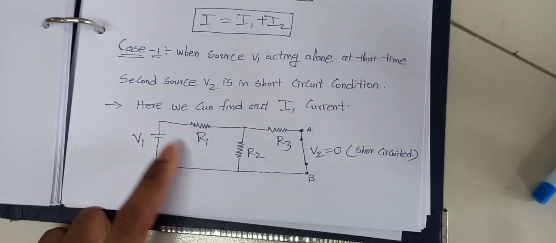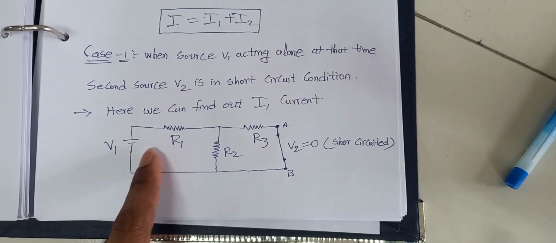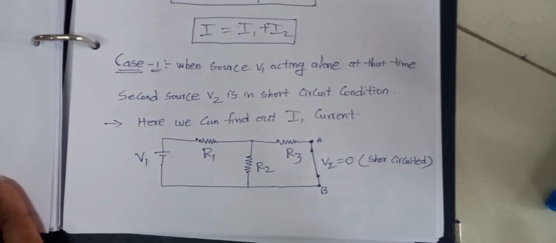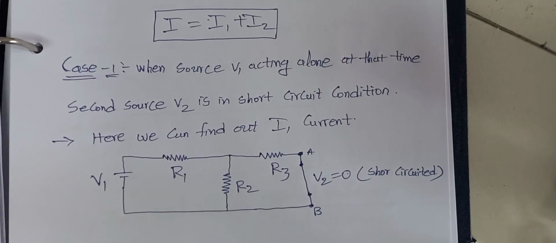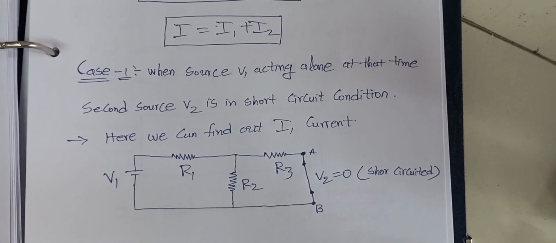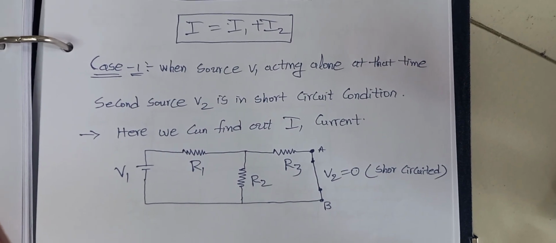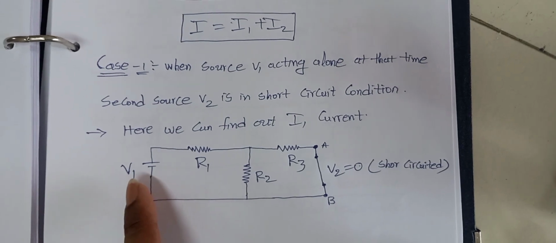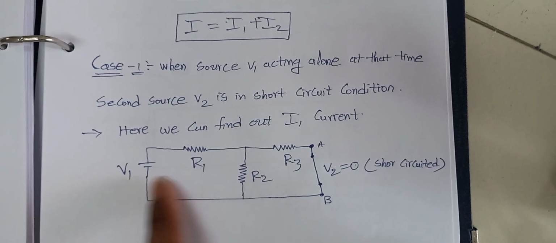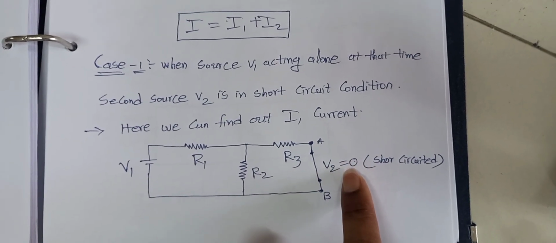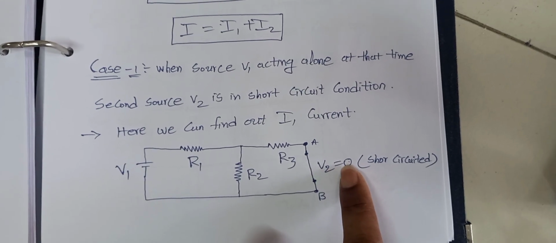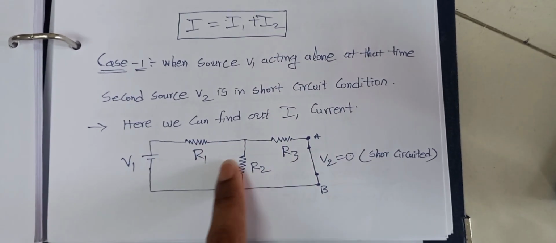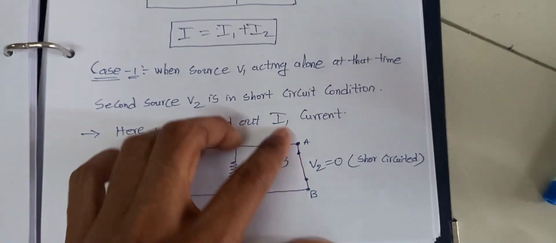Then we will go for the first case. Whenever source voltage V1 is acting alone, the second source V2 is in short circuit condition. So V2 voltage is simply 0, and all the resistances remain the same, with no change in resistance value.